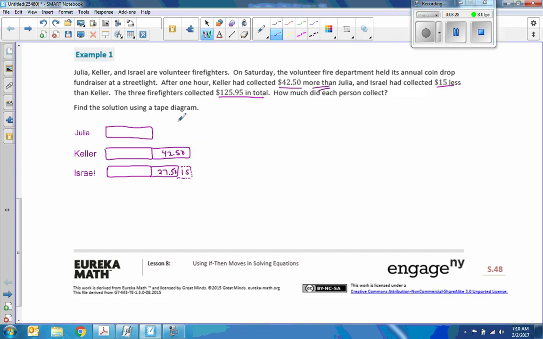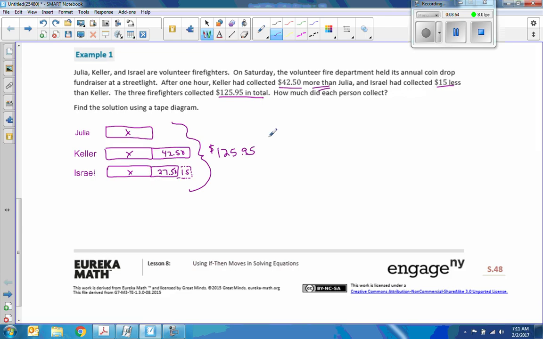All right. The total was 125.95. Okay, so when I don't know a value, I'm going to use a variable, and I'm going to call these values x.